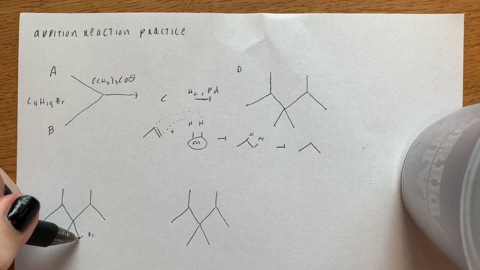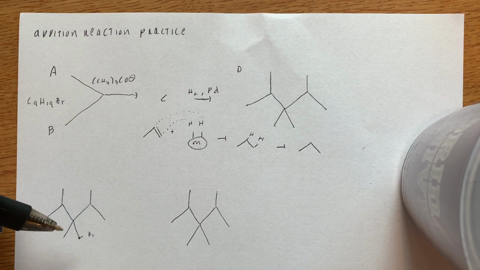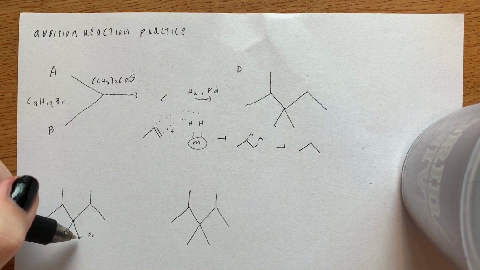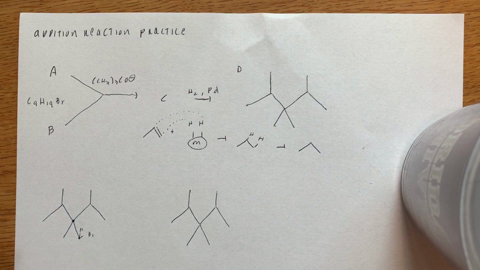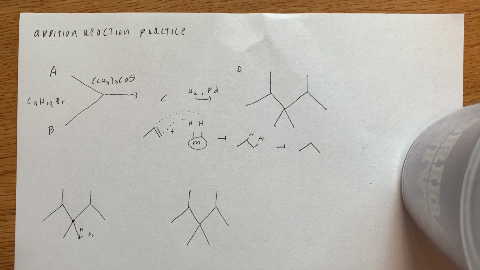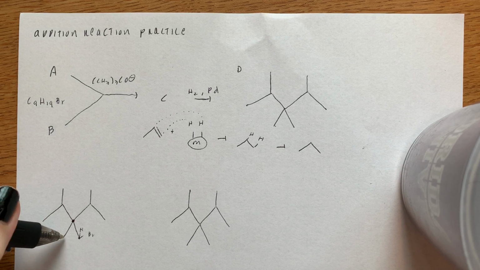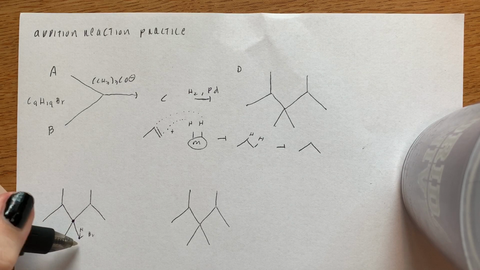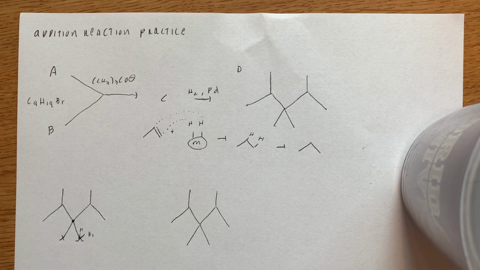In order to have E2 occur, I have to have anti-hydrogens to my bromine. So I will only be able to take hydrogens from this place because there's no hydrogens over here I can take. I can't take the hydrogen that's present, so that means I have to take from here. However, I can't because this carbon already has 4 substituents. So that also means that I can't have my bromine here because it's the same. So I can't put it there.